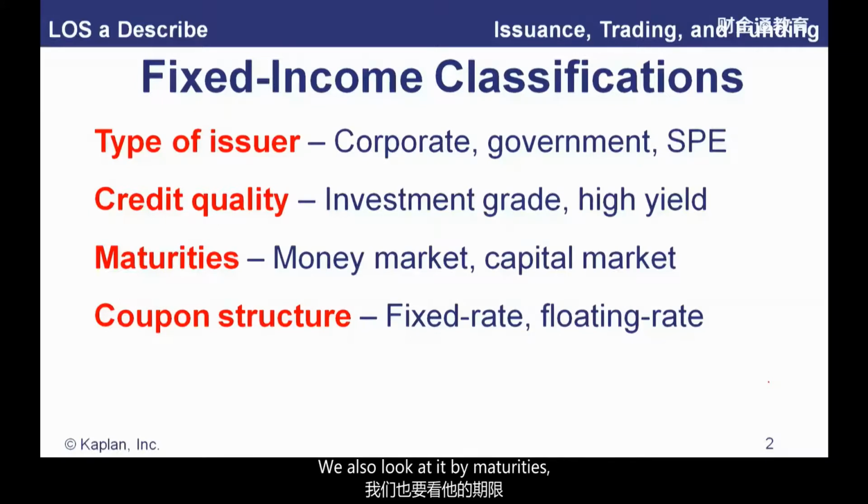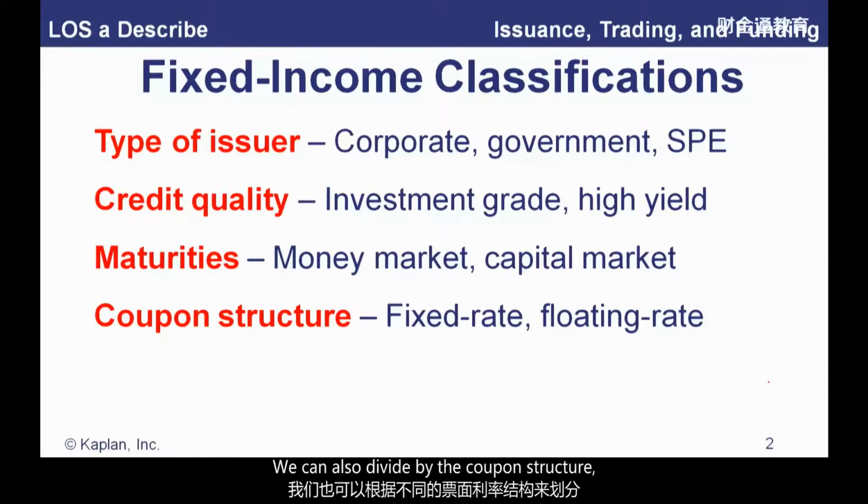We also look at them by maturity. Of course, money market securities are a year or less in maturity, so that's really a different market in the way that it functions and the instruments that are available. And then we talk about the capital markets, maturities of more than 1 year, and certainly we still have a lot of variety there, but a lot of them being bullet bonds that you learned about in an earlier reading.